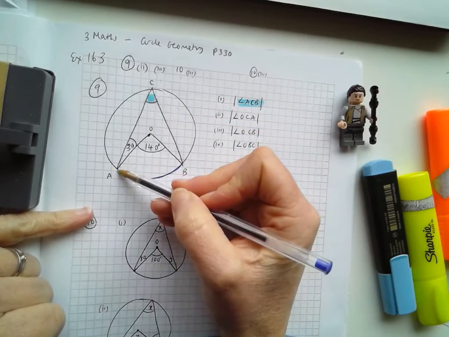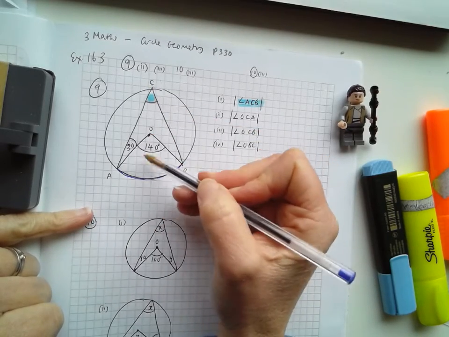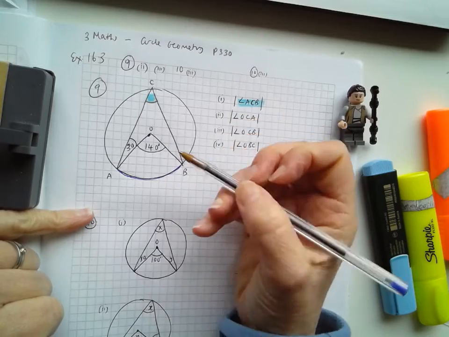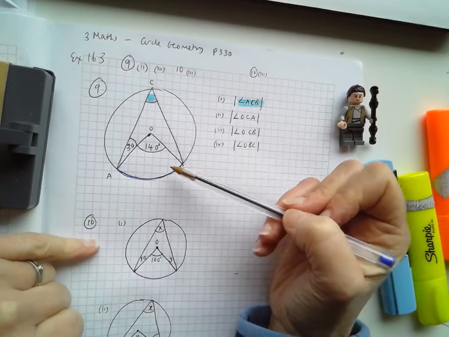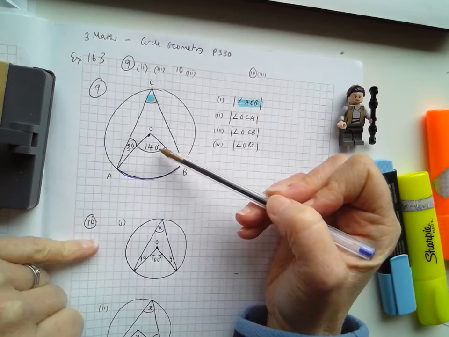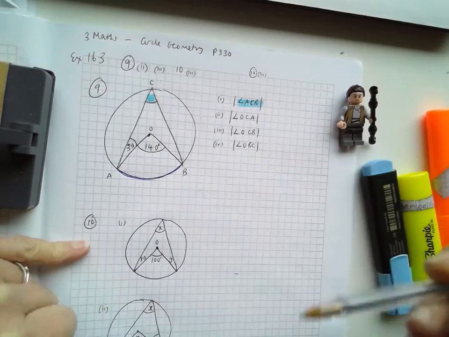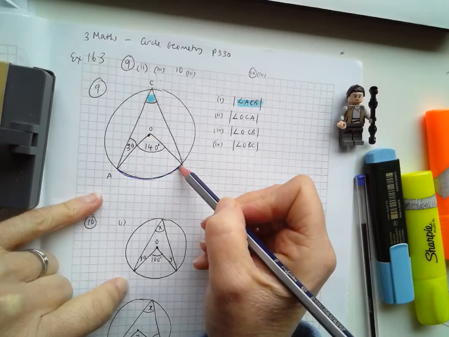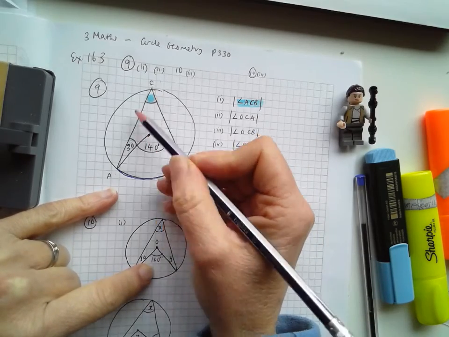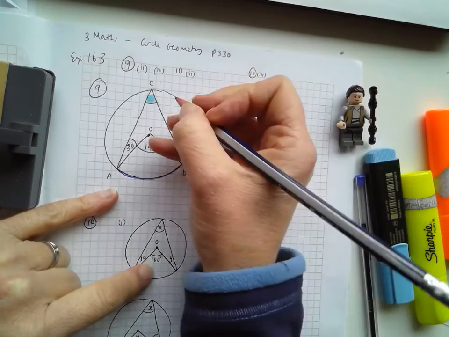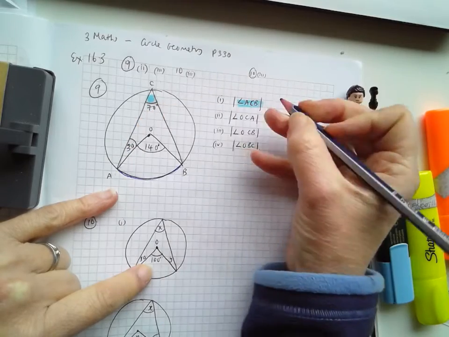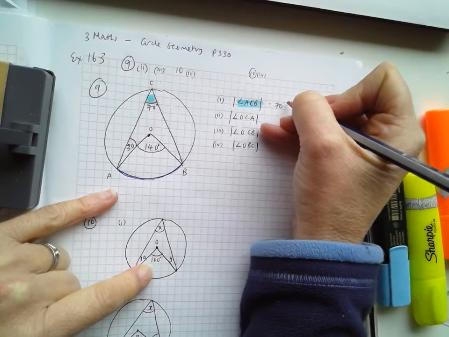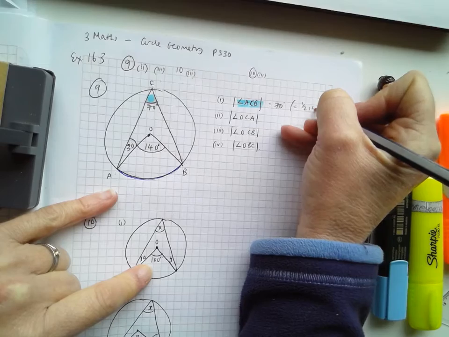The angle at the centre on the same arc is this one, 140. Remember, we're talking about the theorem where the angle at the centre is equal to twice the angle at the edge on the same arc. So this angle AOB is twice the measure of this angle ACB. So ACB is going to be 70 degrees, because it's equal to half of 140 degrees.